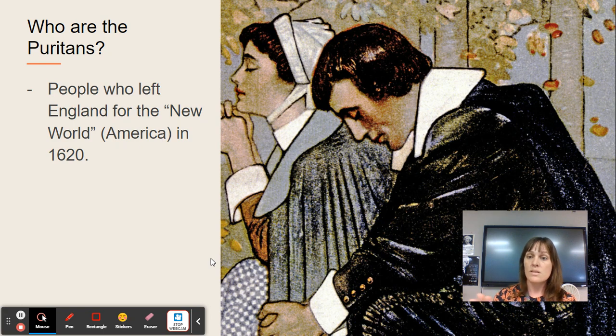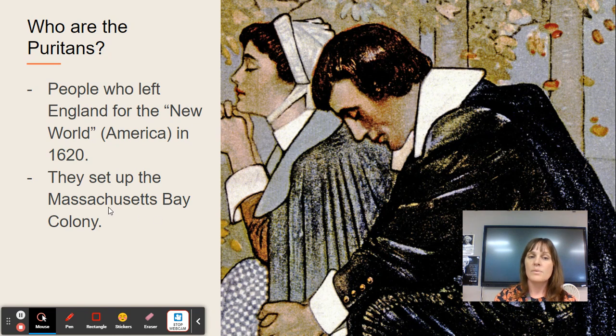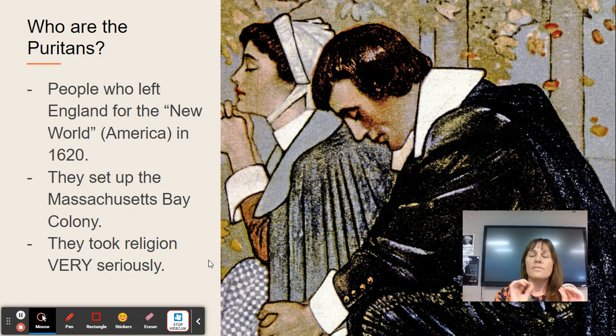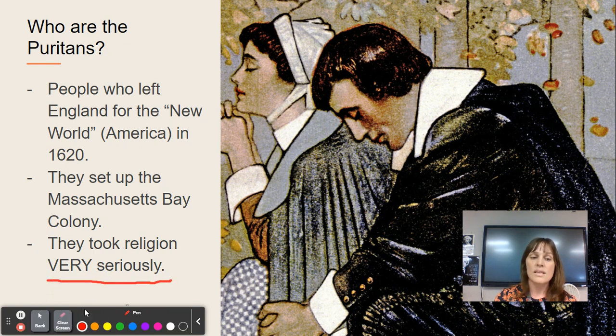It was someone else's world, but they came over and did that. They set up what was called the Massachusetts Bay Colony, where current day Massachusetts state is. And these people took religion very, very seriously. That is a big thing about the Puritans, they took religion super duper seriously.